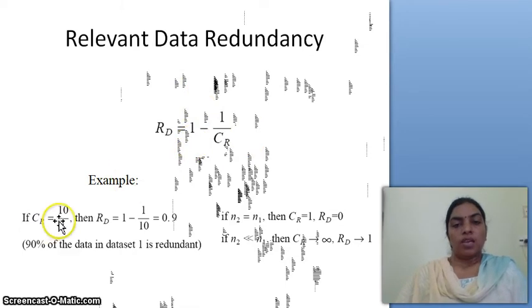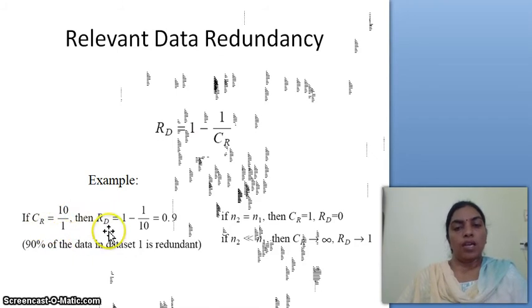If CR is equal to 10 by 1, that means the compression ratio is 10 to 1, then what is RD? 1 minus 1 by 10 is equal to 0.9. What does it mean? 90% of the data in data set 1 is redundant.